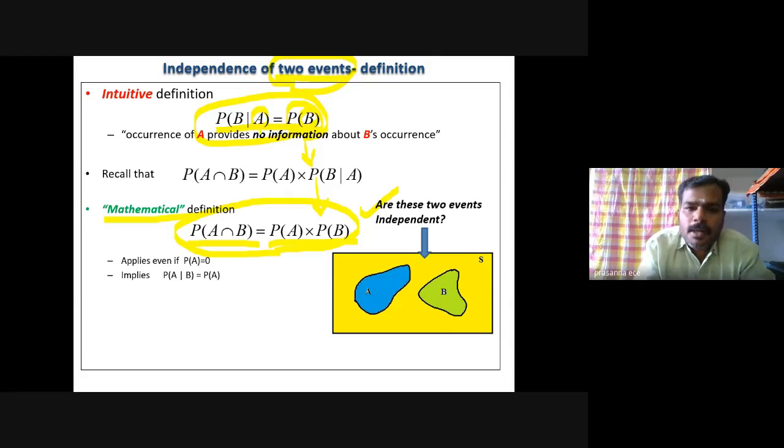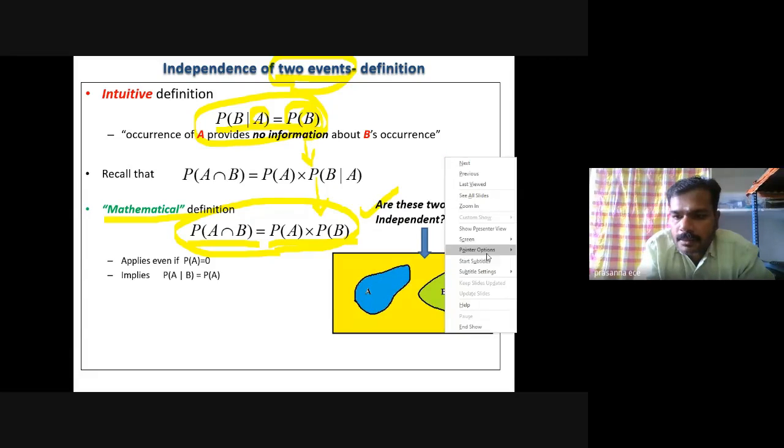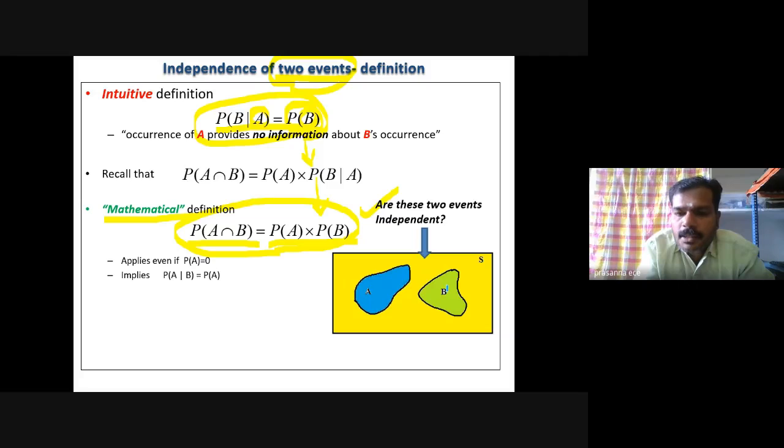Now consider this sample space. Suppose I say event A has occurred. Initially you have some belief about the probability of the event A and the probability of event B.